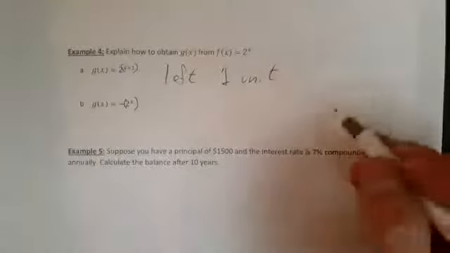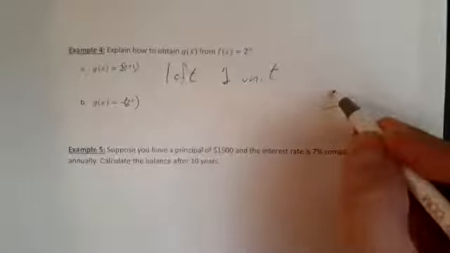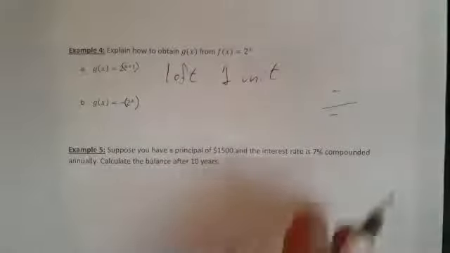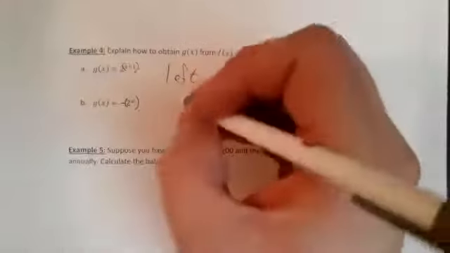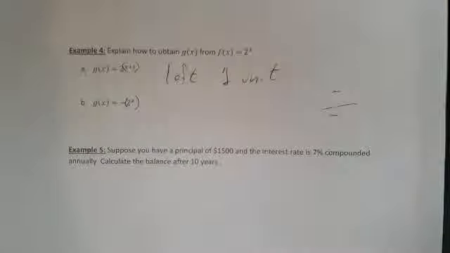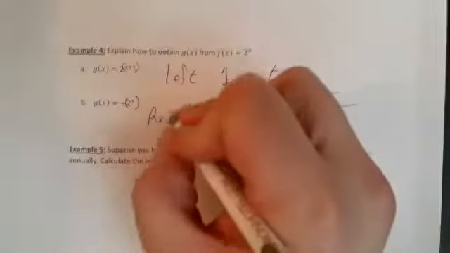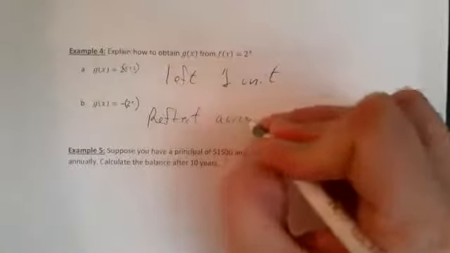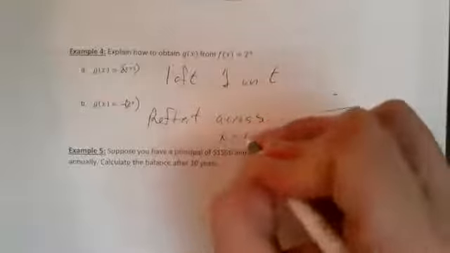And so if we're thinking about that, everything that's up here is going to come down here, and everything down here is going to come up here. And so we're going to do a flip. This is going to flip it, or I guess the more technical term they use in the book is reflection. So this is a reflection across the x-axis.